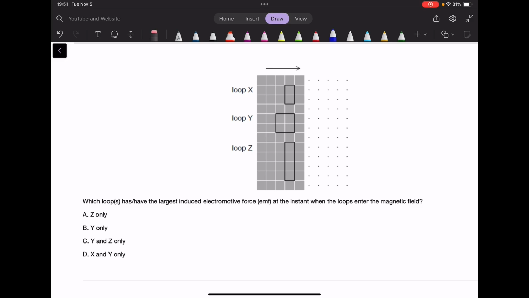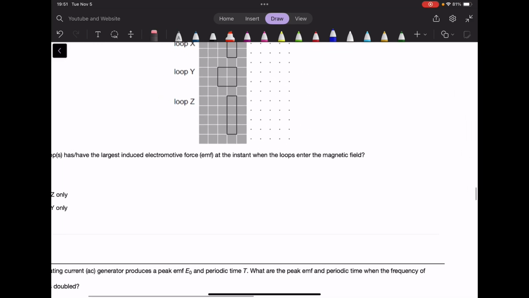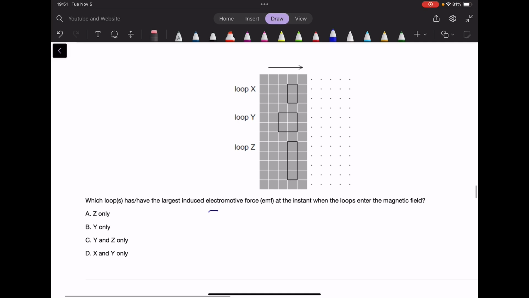Which loops have the largest induced electromotive force at the instant when the loops enter the magnetic field? So induced EMF is equal to negative N multiplied by the rate of change of magnetic flux.